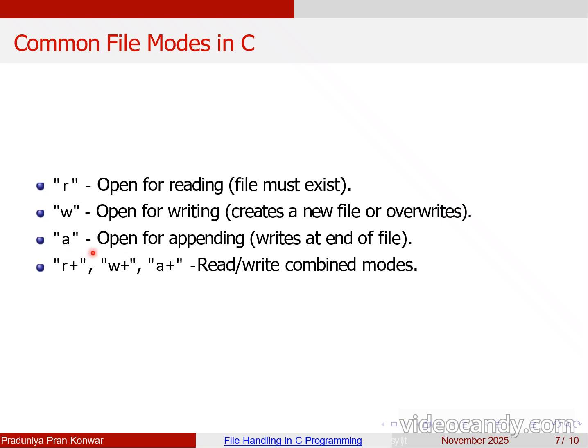It opens the file for writing, but instead of erasing the old data, it adds new information to the end of the file. There are also combined modes like r+, w+, and a+, which allow both reading and writing in a single file. So by choosing the right mode, we can exactly control how the file behaves when open.